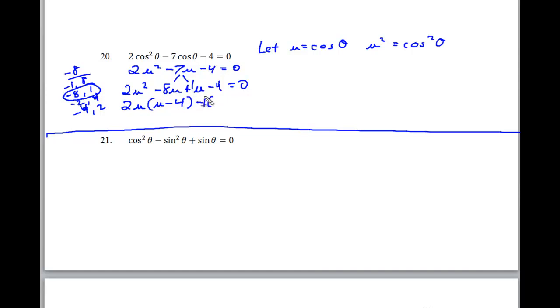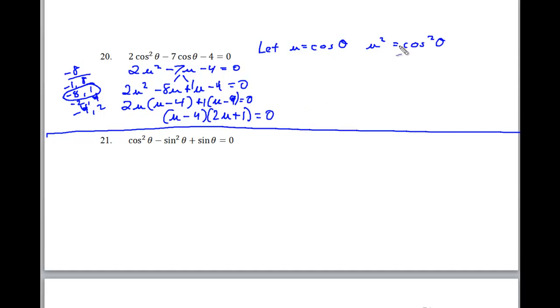So I'm going to factor out, in this case, a plus 1, and that will give me u minus 4 equals 0. All right, so that's how I could check as I was doing my factoring. I know I've done the grouping problem right because 2 of these will match, and I'll write them once. And then the other 2 pieces left behind, 2u plus 1, is equal to 0.